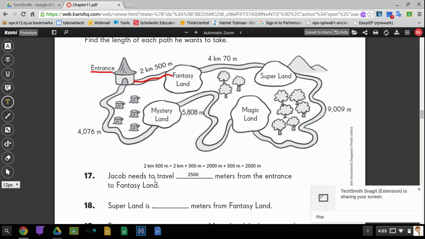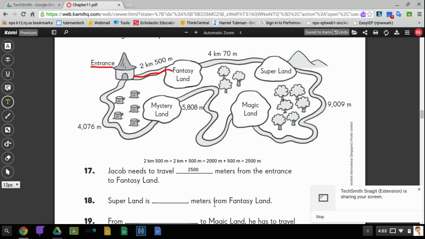Superland, number 18. Superland is blank meters from Fantasyland. So let's look for Superland. Here's Superland, and I want to find out how far it is from Fantasyland, which is right over here. So this is the path I want to take. And I know it's 4 kilometers, 70 meters. So again, I want to convert that over.